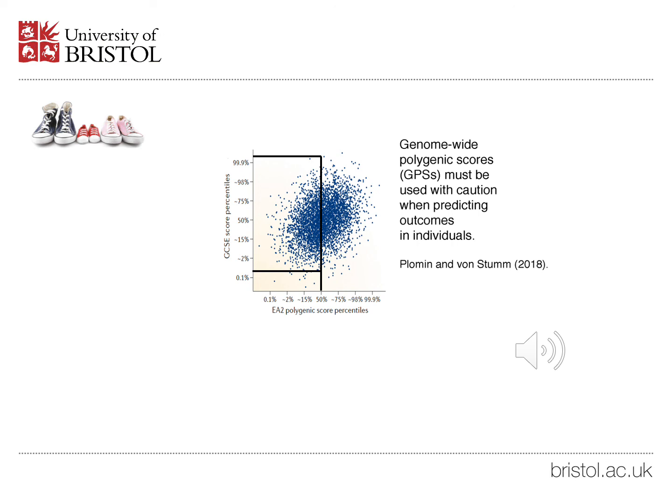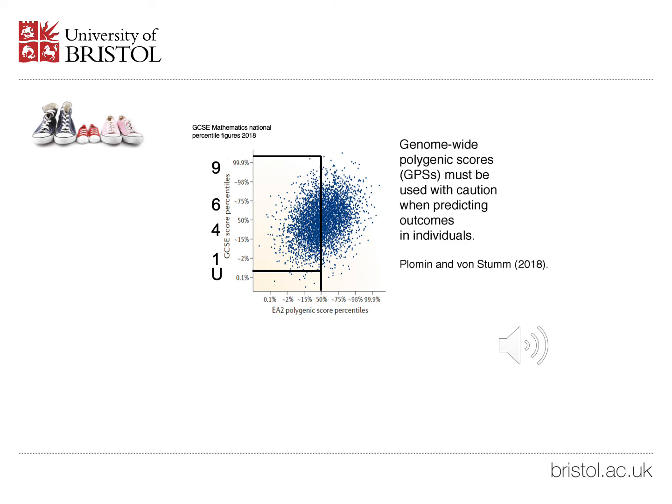If we look at a polygenic score of 50%, which is midway in the distribution, the majority of people are scoring around about 50% in their GCSEs. However, some people are achieving in excess of 99%, whilst others are scoring only about 3 or 4%.